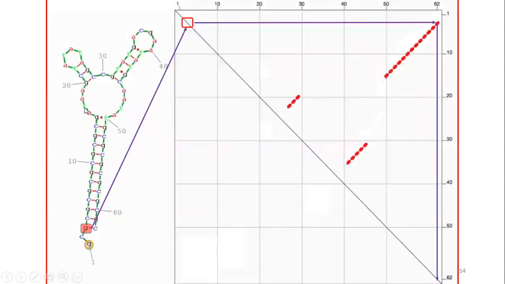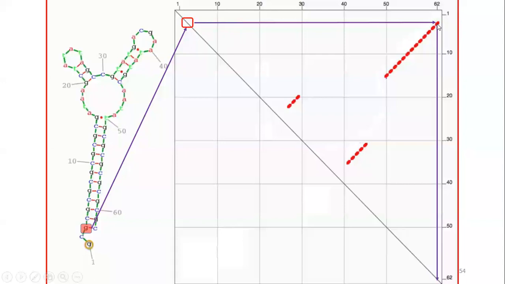Say, for example, if this is the secondary structure, it starts out with the first, second, and third residue. This third nucleotide pairs up with the last nucleotide. On the y axis, this is the third. On the x axis, the same sequence, this place would correspond to the last.